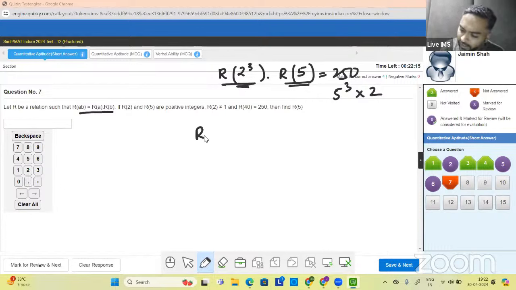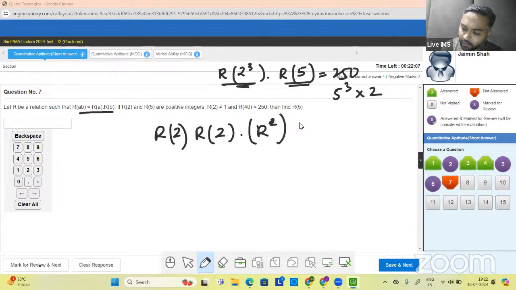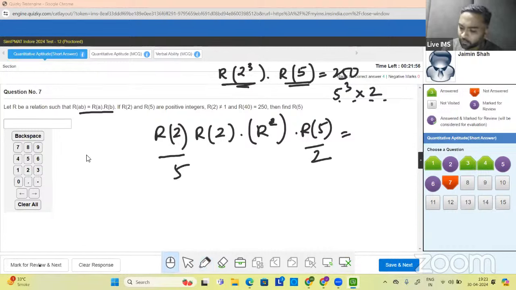I can say this is R of 2 into R of 2 square, and then ठीक है, तो इसको R of 2 बन जाएगा, and R of 5 is equal to 5 into 5 into 5 into 2. So basically this is 5 and this is 2. Okay, ठीक है.